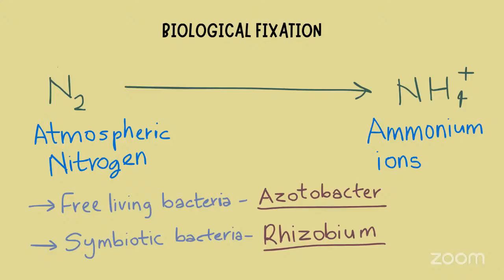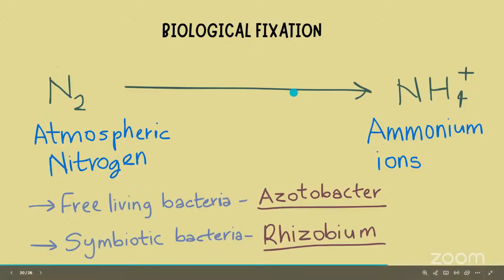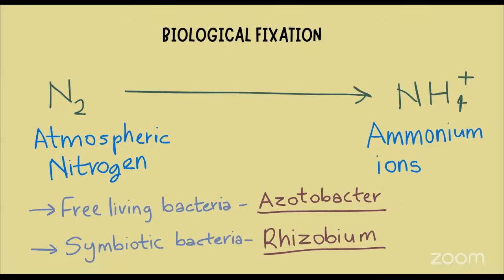Then after that, we have a symbiotic bacteria. So rhizobium, very famous. I know you guys know about this. So it's found in the root nodules, right? Found in the root nodules of leguminous plants. And yes, the names of the bacteria are very important. You all should know it, because if it's not important, they would have given it in the extra knowledge part.